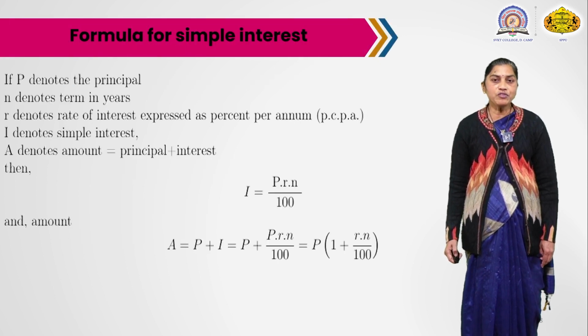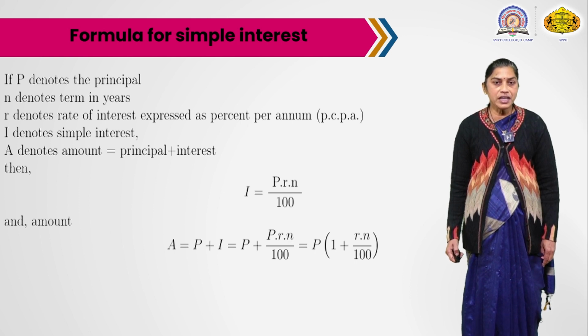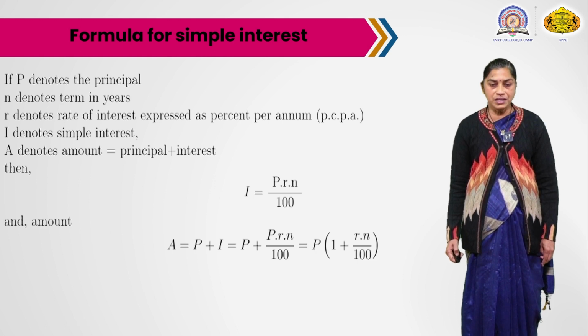So, what is the formula for simple interest? If P is the principal, N denotes term in years, R denotes the rate of interest expressed as percent per annum, I denotes simple interest and A denotes amount, which is principal plus interest, then I is always equal to P into R into N divided by 100, and the amount A is given by principal plus interest.